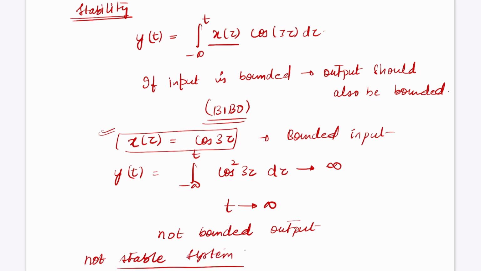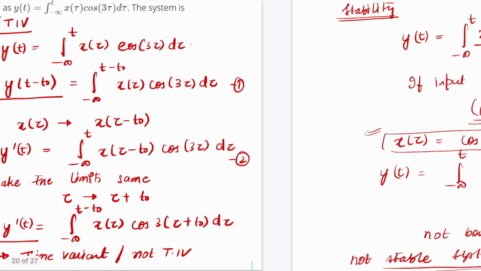In order to check the stability, you have to just find that particular function which does not satisfy the BIBO condition. That will come with practice. Here we can easily say that cos square theta is not a bounded function, but cos theta is a bounded function. So we can easily find out that it is an unstable system.